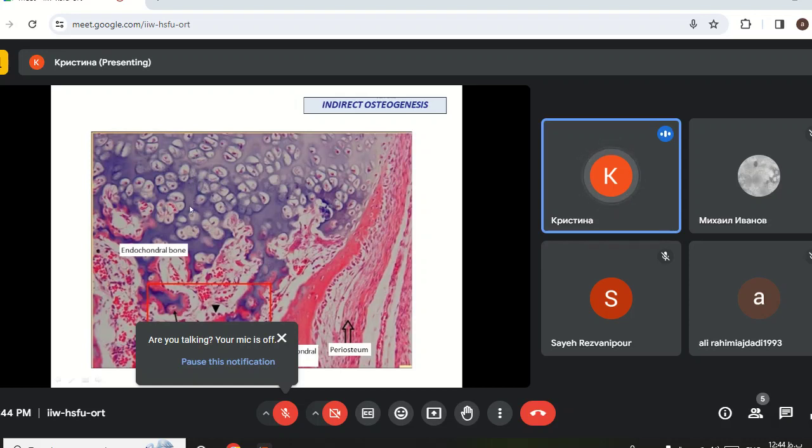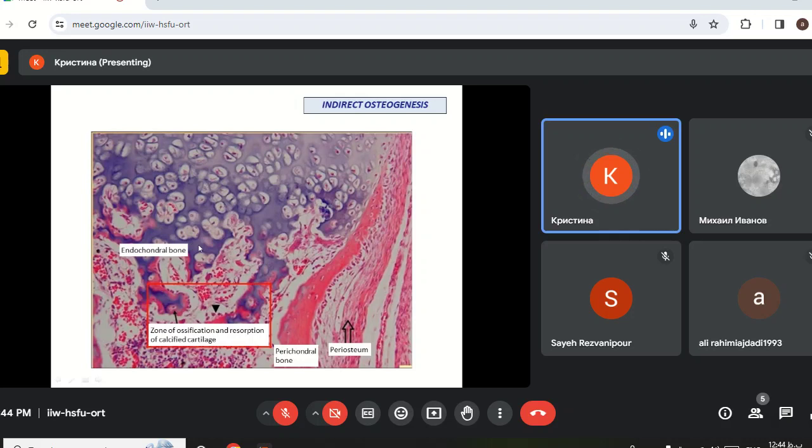Extracellular matrix becomes calcified, more dark basophilic, and here you see that it is partly broken down, and the cavities are filled with mesenchyme and blood capillaries, and already some bone tissue is made up just surrounding the remnants of the calcified cartilage. So here we have the endochondral bone.